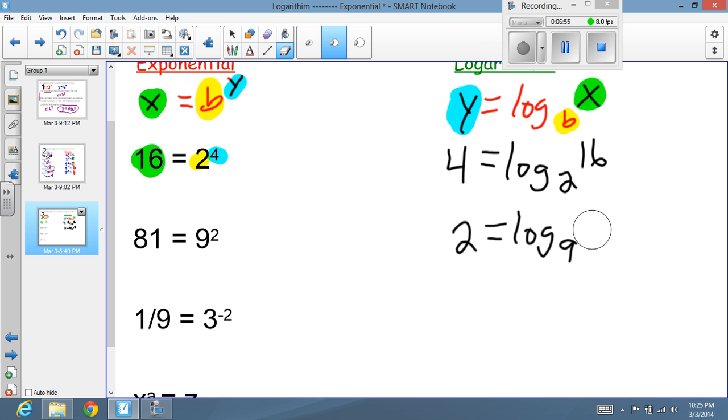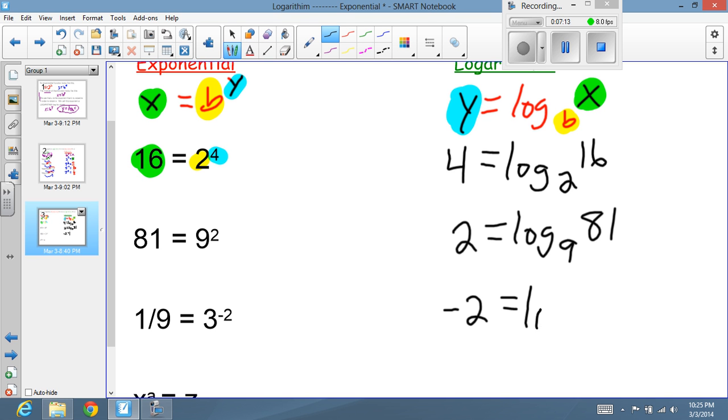Sorry, I got a little backwards on that. Next example, my y, my exponent, negative 2, log base 3 of 1/9.